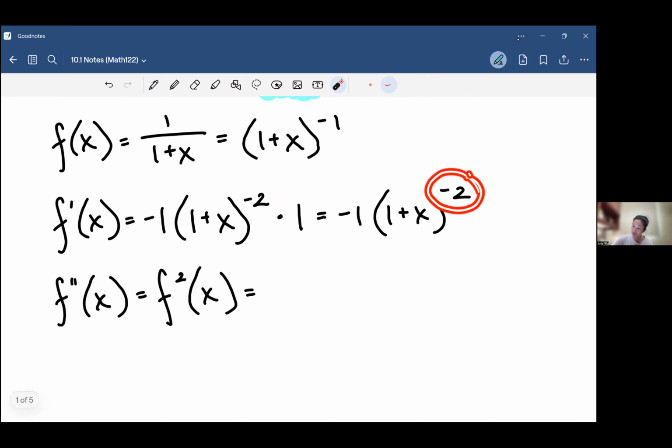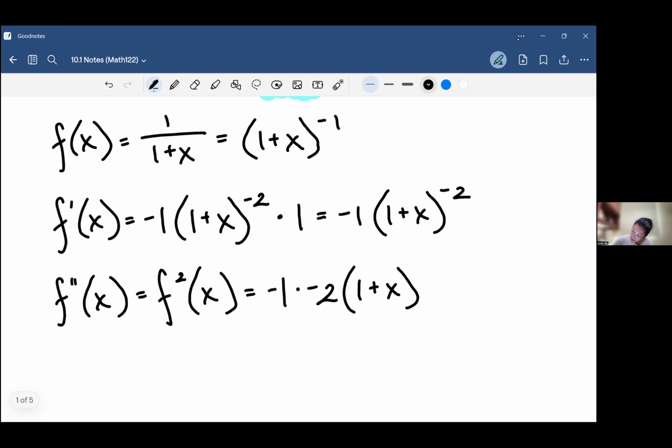So I'm going to bring the -2 down to the front. Even though I know that -1 times -2 is 2, I'm going to write it as -1 times -2 times 1 plus x to the -3. All right. Now we do still have a times 1 for the derivative of the inside, but I don't have to write that because it's just times 1.